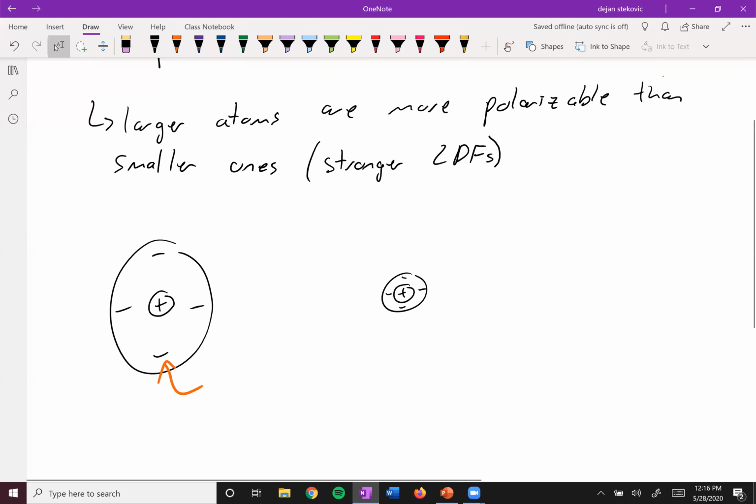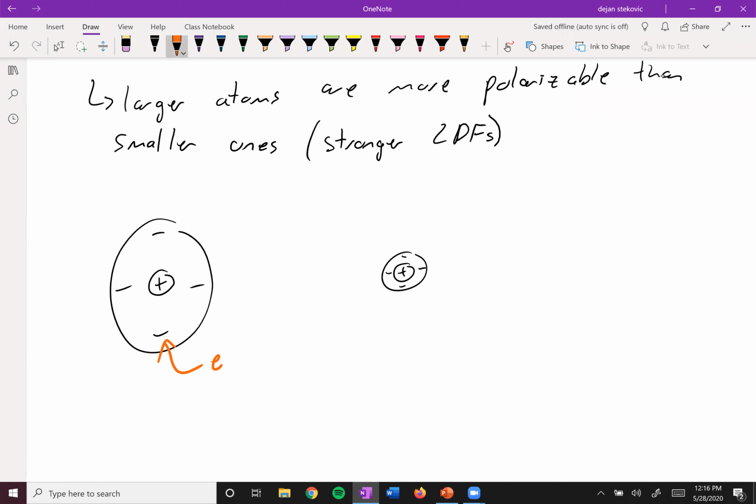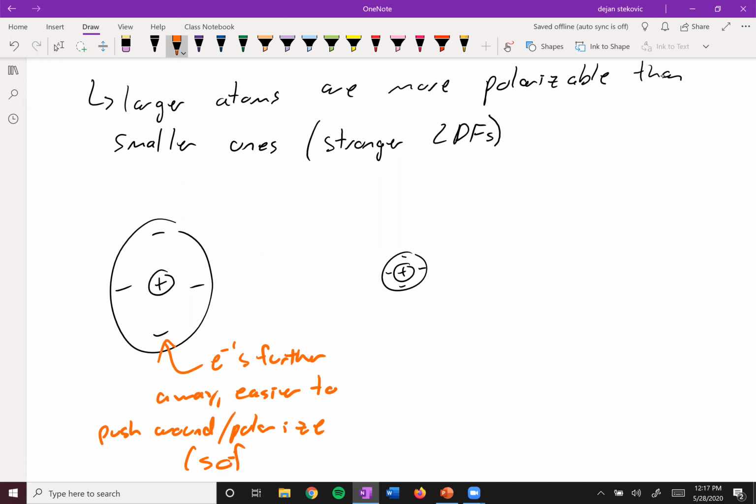Well, these electrons are further away, and so it's easier to push the electrons around and polarize the atom. Sometimes you'll hear these being referred to as soft. So soft and easily polarizable are pretty much the same thing.